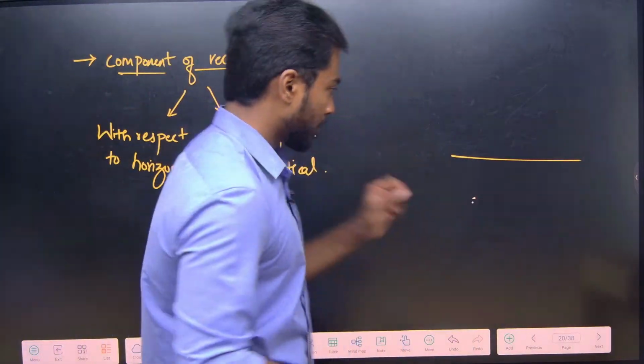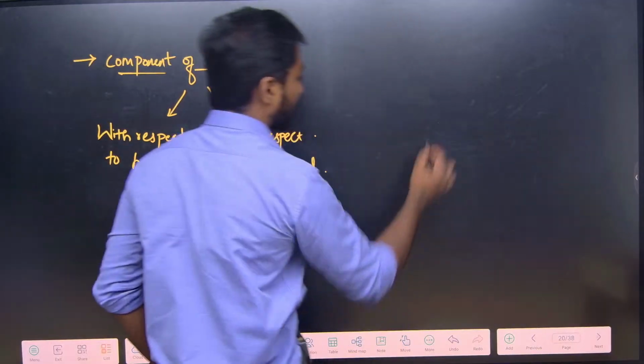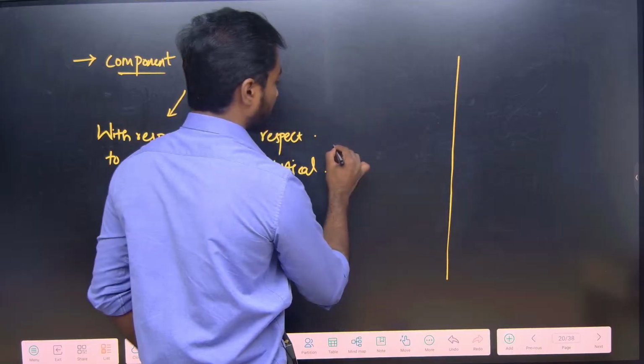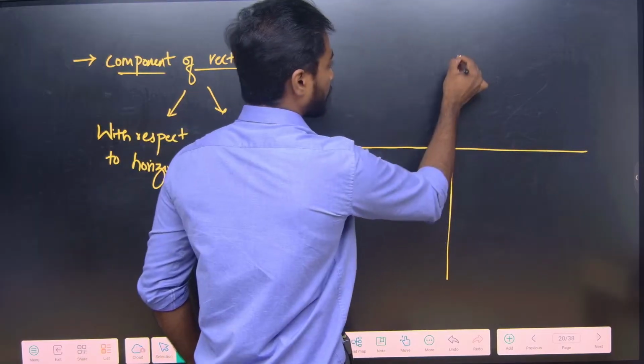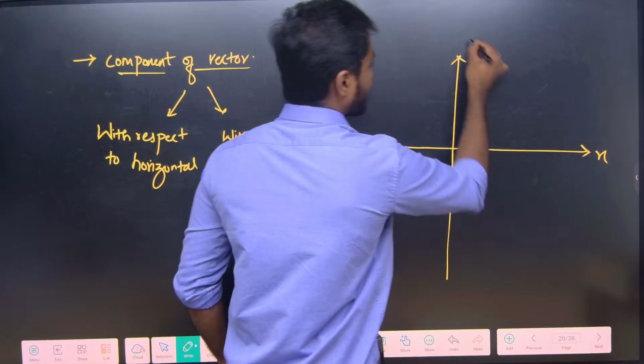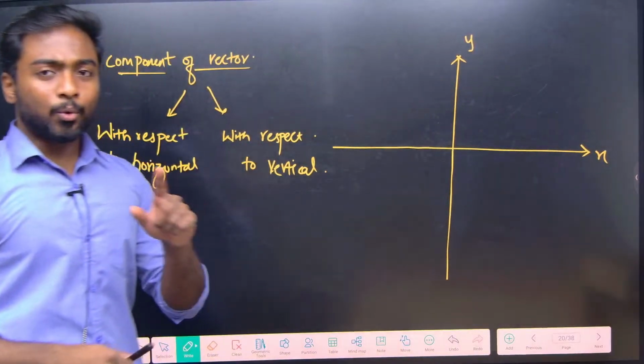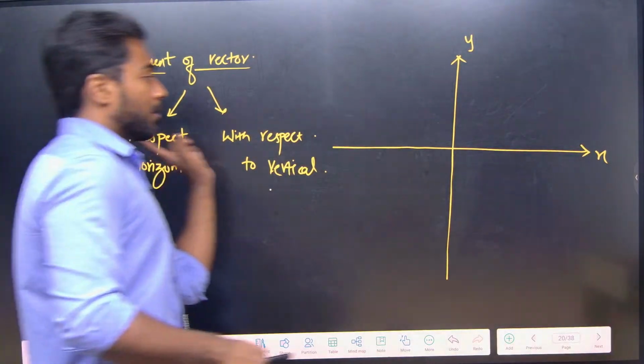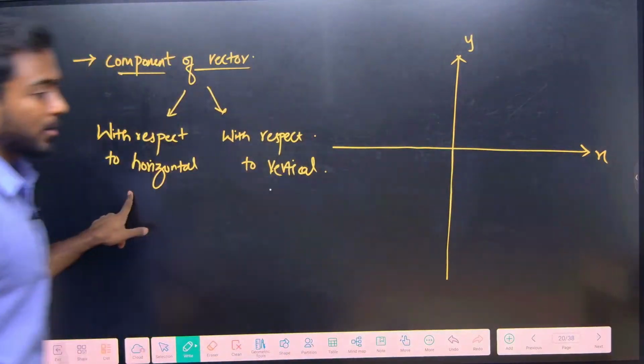Yes, the thing is, if I consider there is a graph, x axis and y axis. What did I tell? If I stand, that is my vertical. If a thing is lying down, that is my horizontal.